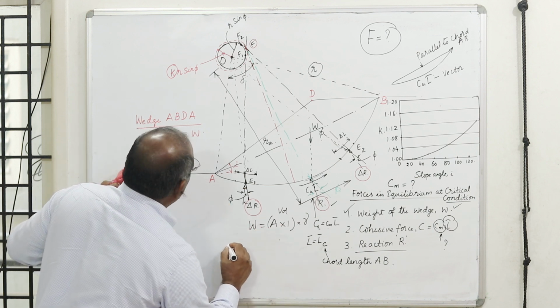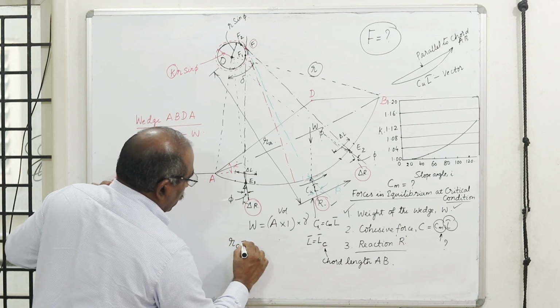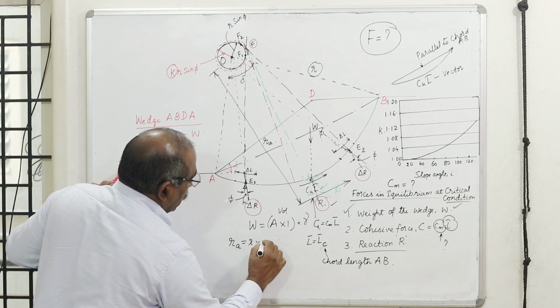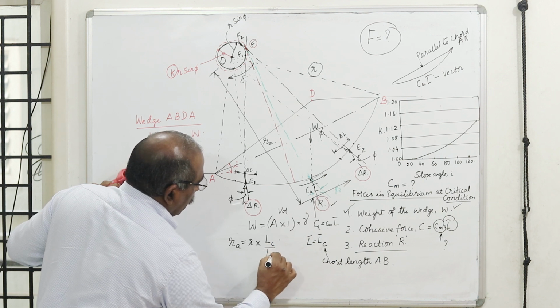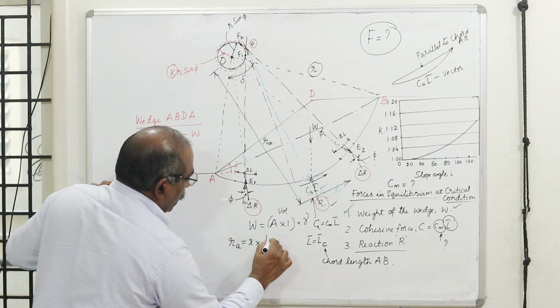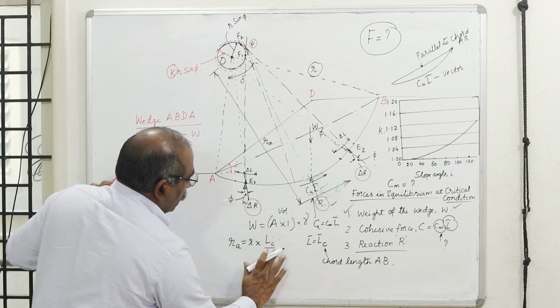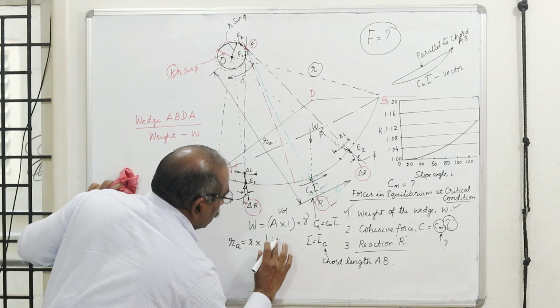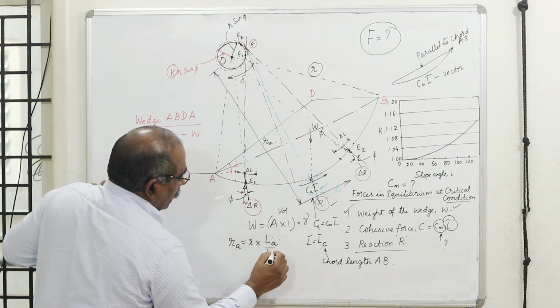I have to find the distance RA. Instead of using R, I will multiply by L chord by L arc. The arc length is more and the chord length is less.